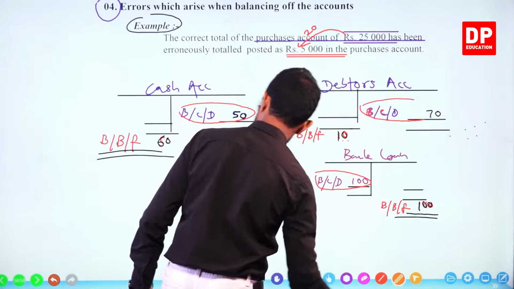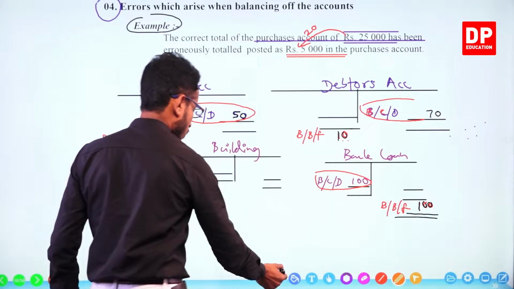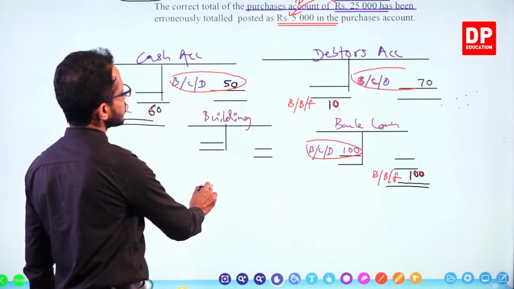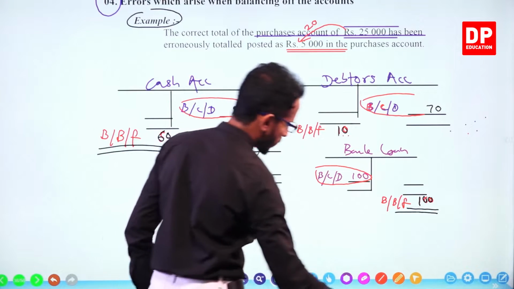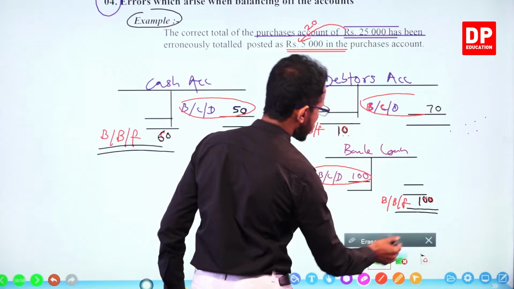All right. Now let's take this example in accounts, shall we? I'm going to erase these accounts.